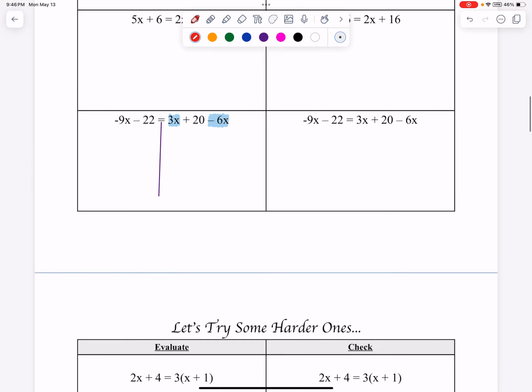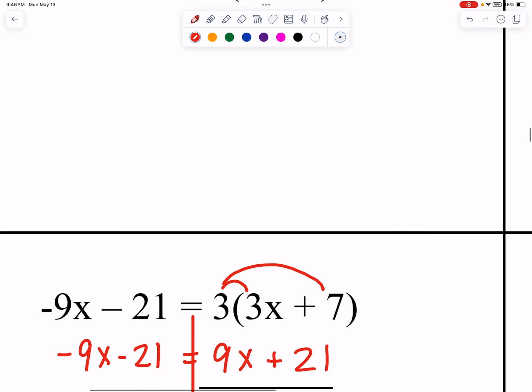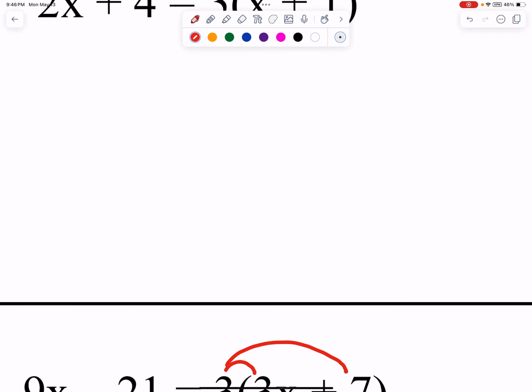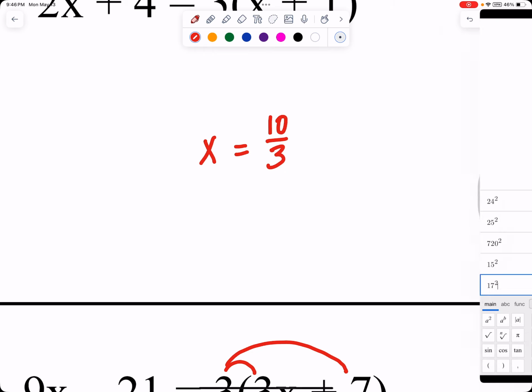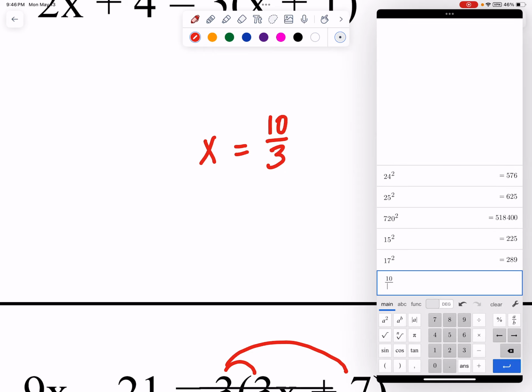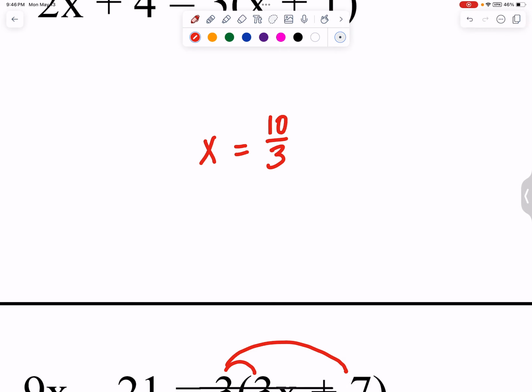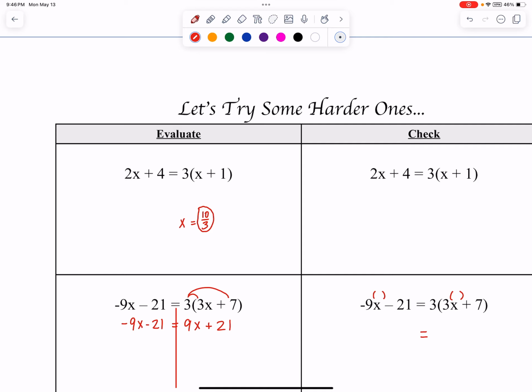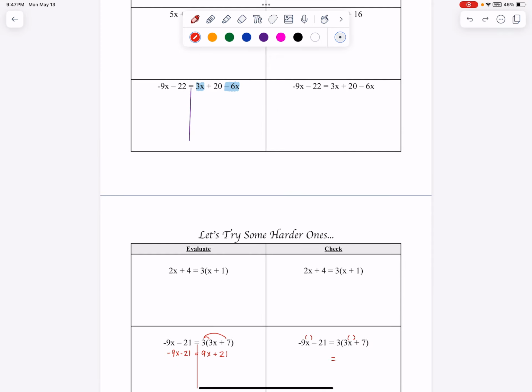Let's say you end up with x equals 10 thirds, and you go, oh, that's a repeating decimal. Just leave the answer 10 thirds. You don't have to write a decimal and round it. You can just keep 10 thirds, and that's the number that you would plug in for x. So just be aware of that situation. You're going to run into this while you work on those.